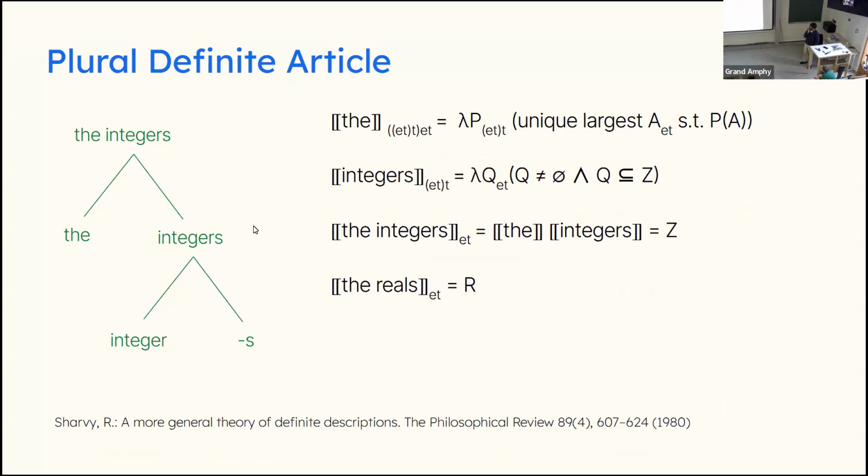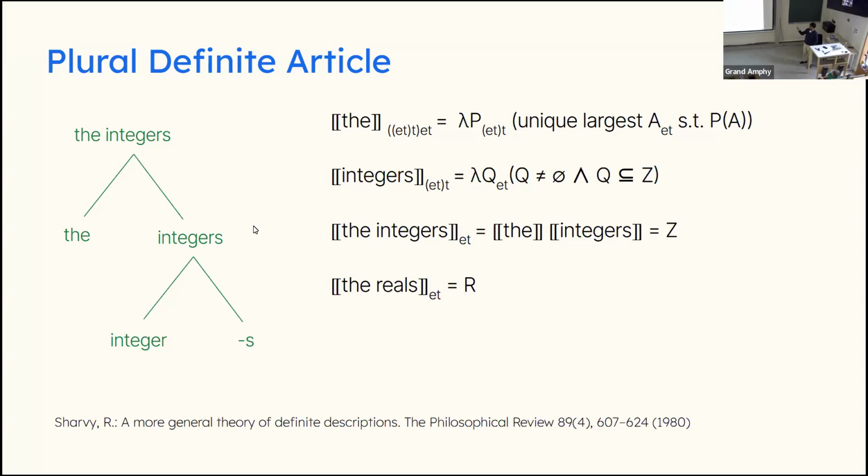Then the meaning of the plural definite article the has been given by Sharvy as the following. So it takes a set of properties, P of type et to t, and it produces the unique largest set A so that P(A) holds, and this is in the Strawsonian tradition.